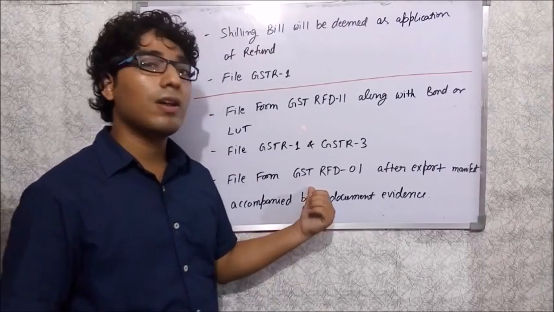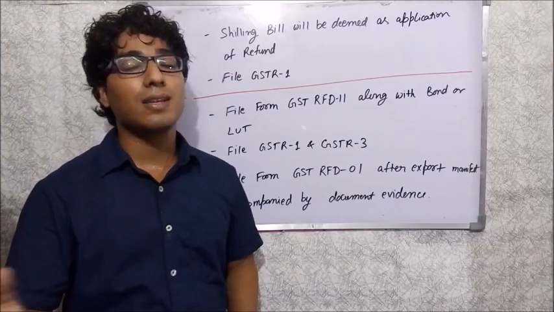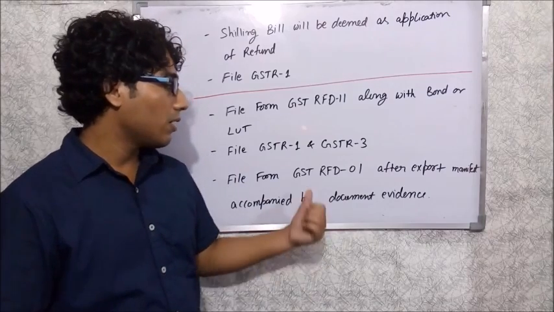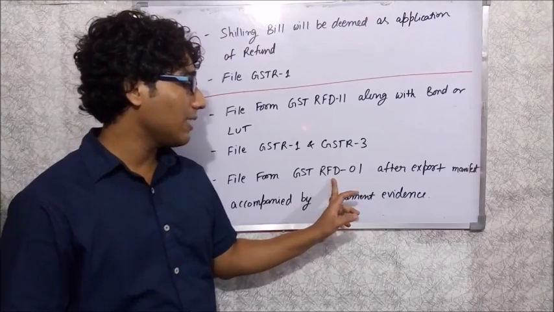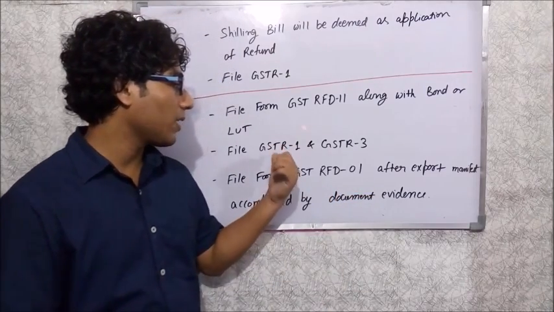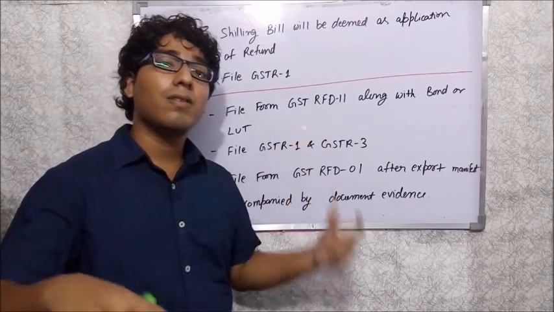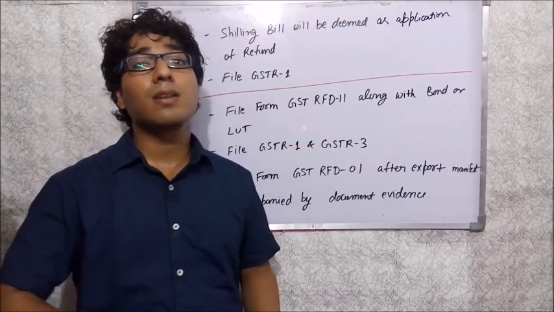But in the case where you file the bond or LUT, or you didn't pay the tax at the time of export, you have to go through this procedure: you have to first file the GST RFD 01, which can only be filed after the export manifest, and then they will verify the data with your data, and only then can your refund application be processed.